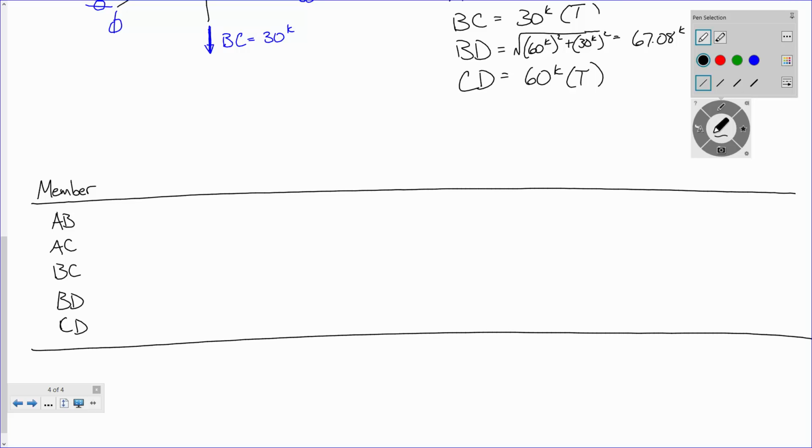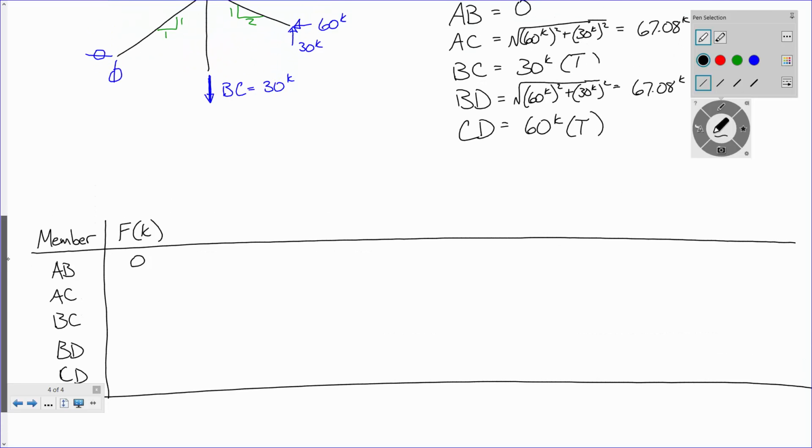Everybody read that? All right. So our force in the member in kips. Now I'm just going to show you what I'm going to do. Okay, ready? All right, so we have AB is 0.